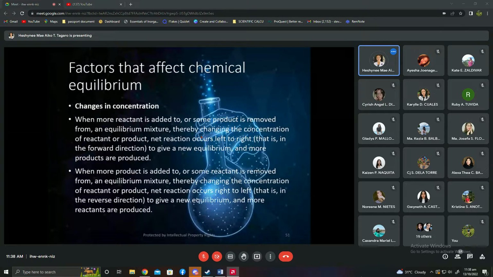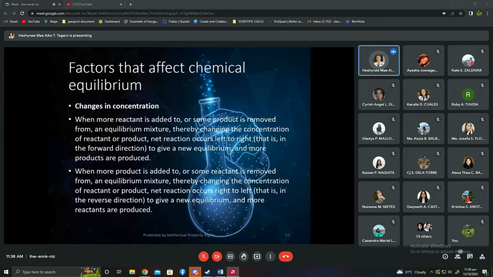Actually, we mentioned this earlier with Qc less than Kc. If you remove a product, the concentration of the product is less compared to your reactants. Meaning, the concentration of our reactants is higher.